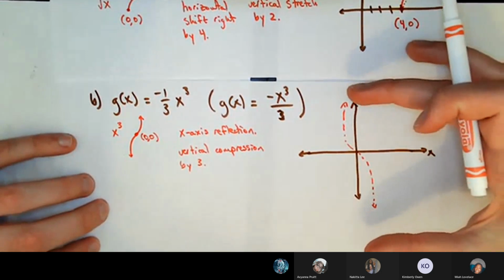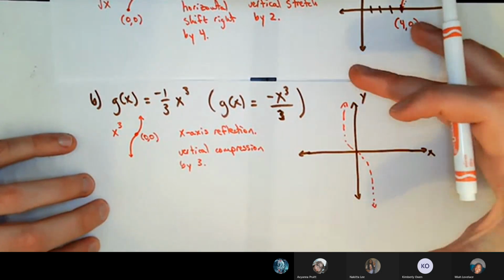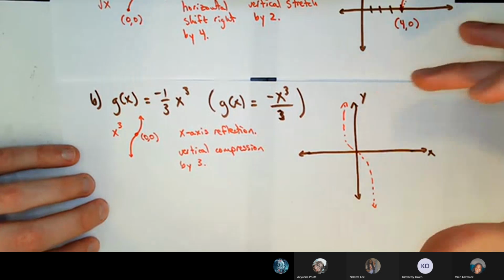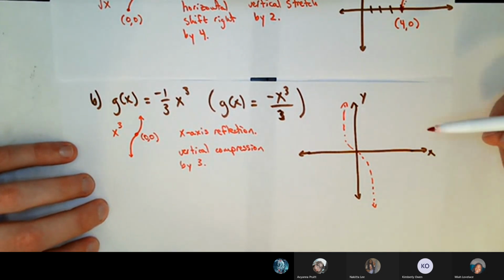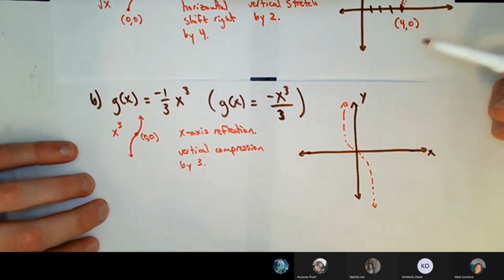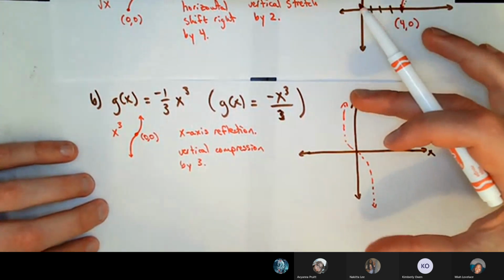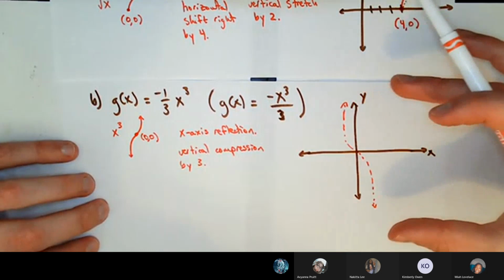Now this one is being vertically compressed from both sides. The last two examples we saw, with the parabola and the square root function, only got vertically stretched or compressed on one side because they were only on one side. But this function does go into the negatives quite a bit, right? Infinitely so.